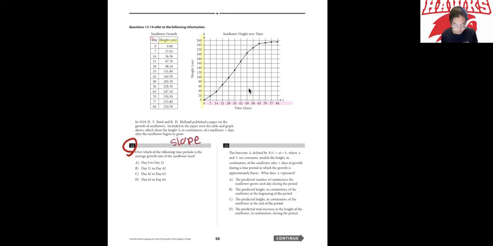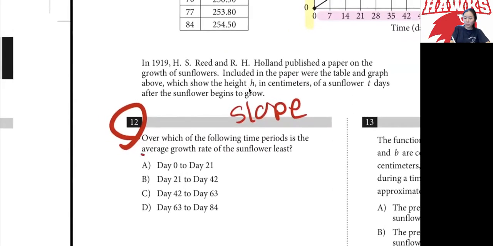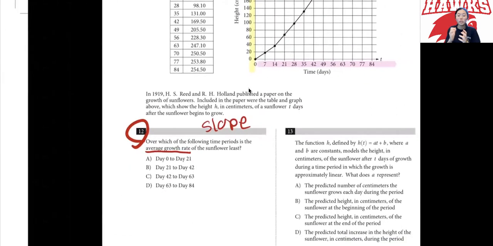So the question is, over which of the following time periods is the average growth rate of the sunflower least? The average growth rate refers to the slope, because you want to know the rate of change.